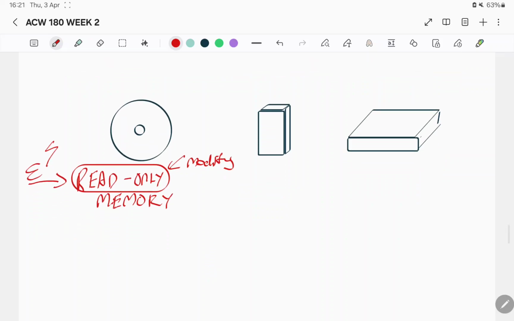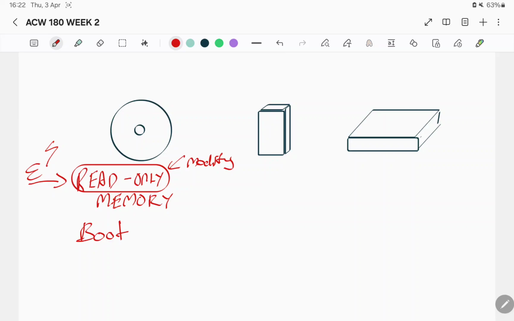The ROM will start by executing the basic process. Not really execute, right? It's like a boot. It will boot up the whole system.